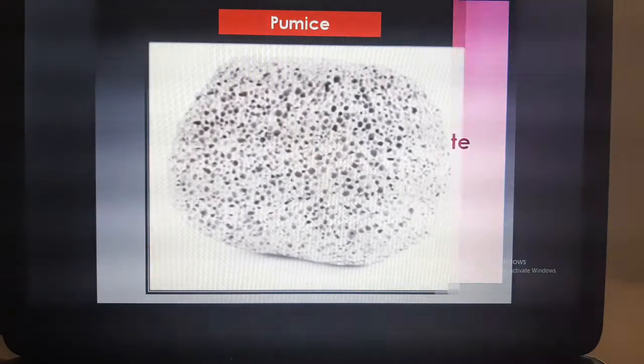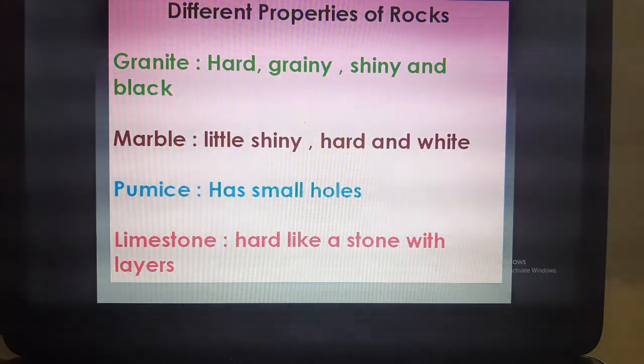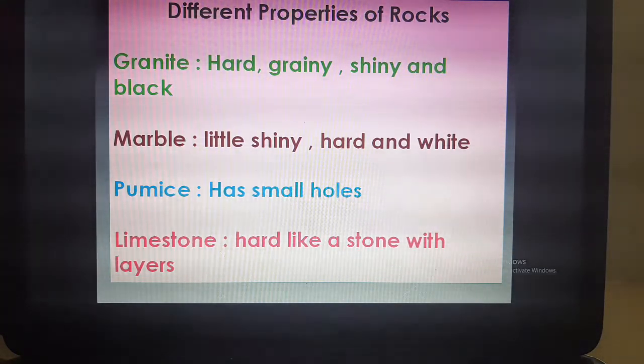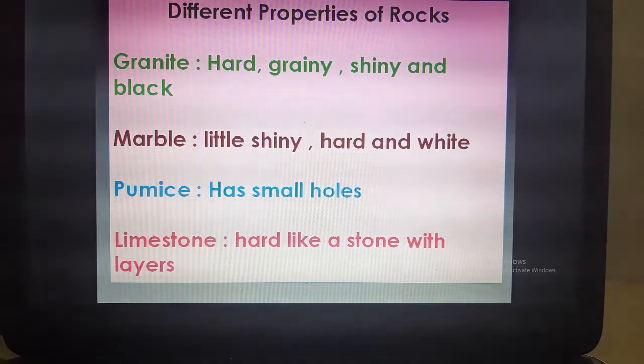Here you can see a chart of different properties of rock. First is granite. Granite is hard, grainy, shiny and black in color. Next is marble. Marble is very smooth and shiny. It is hard and white. Pumice has small holes on the stone.